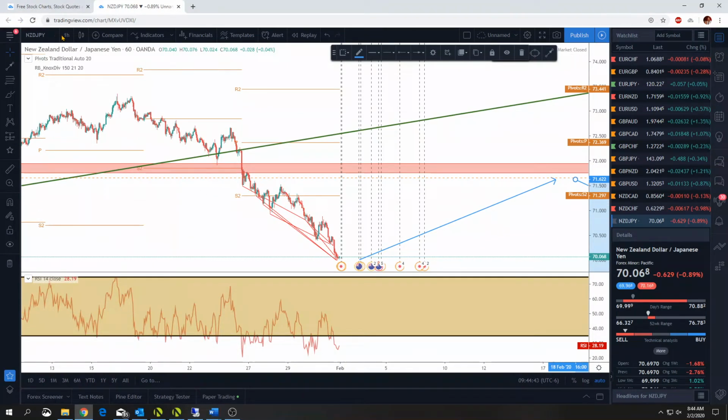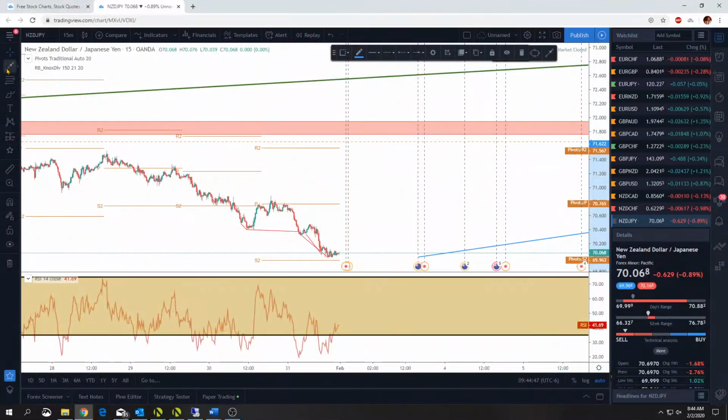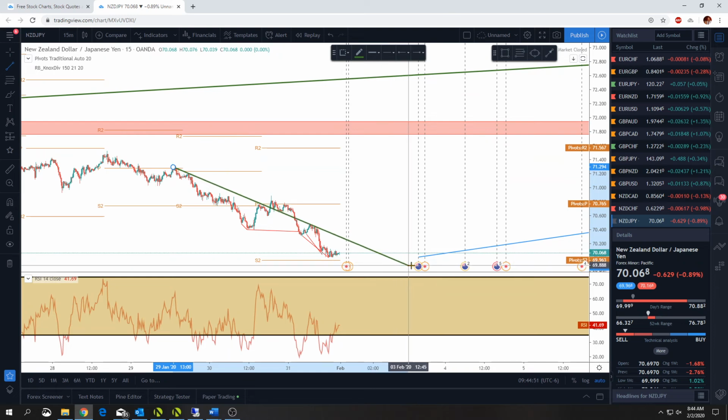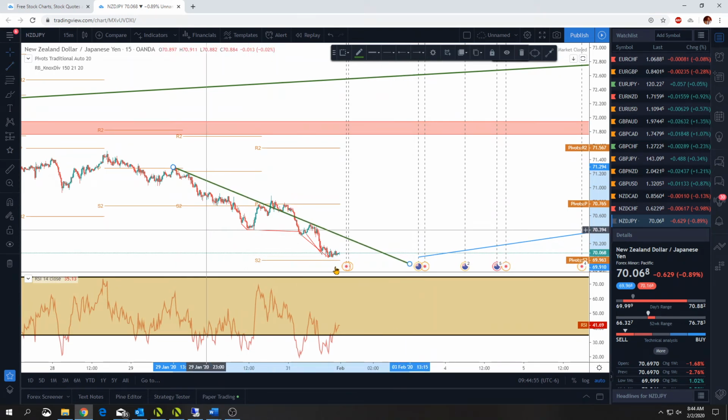So if you get a trend line break, let's go to a 15-minute. You get a trend line break, we get some sort of break above that line, right? You can see on the 15 minutes, stopped right on the S2. You might get a break back up to this pivot, possibly, you know, we're targeting this on the daily. That's a big move, right? That's a big move. That's a good profit.